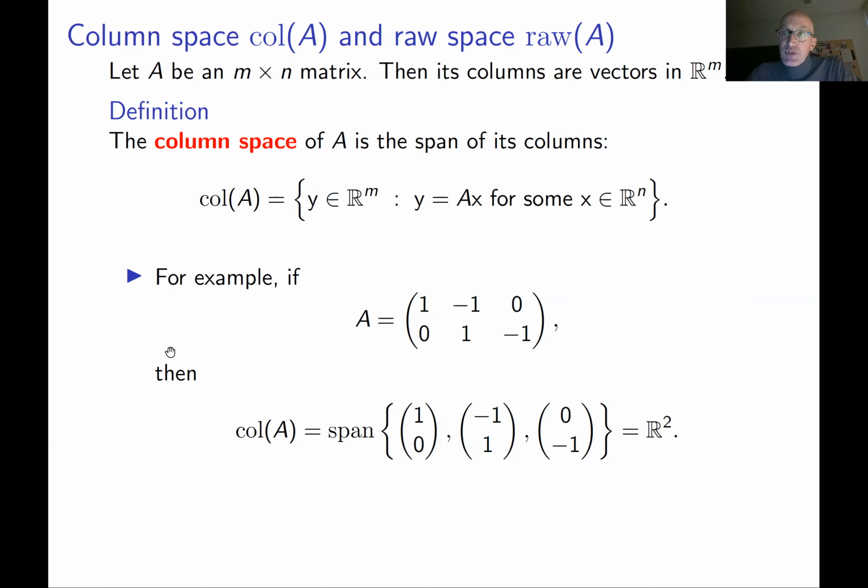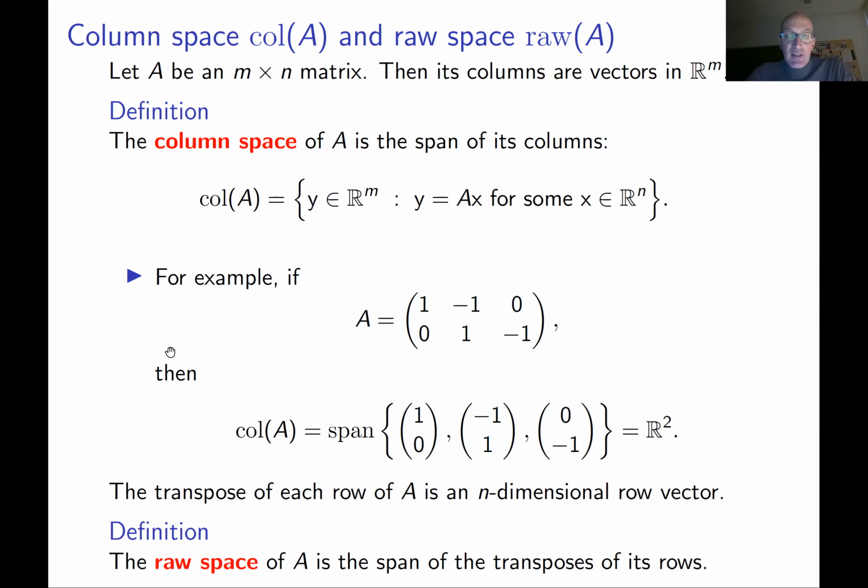Absolutely in the same way, we can define the row space. But remember that we decided that all vectors in this course are going to be considered as columns. So since rows are not columns, in order to make them look like columns, first we transpose them.